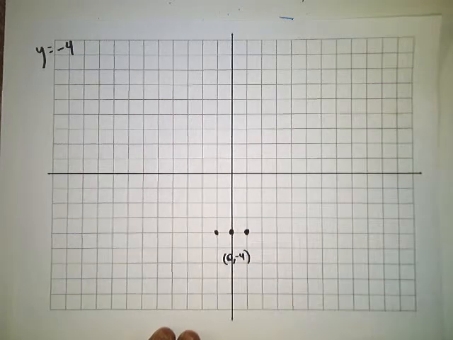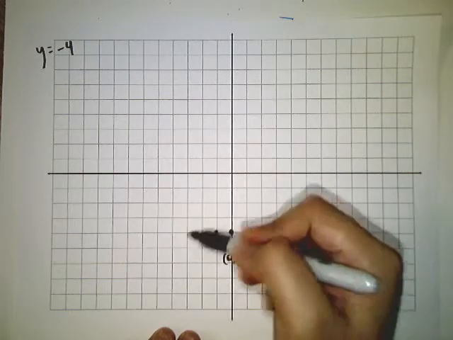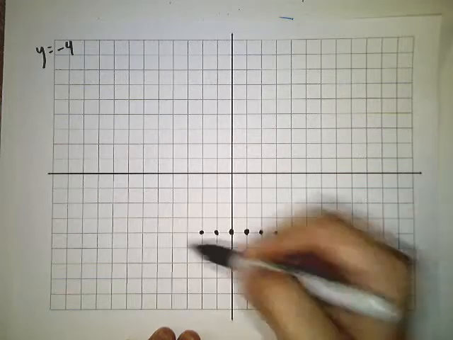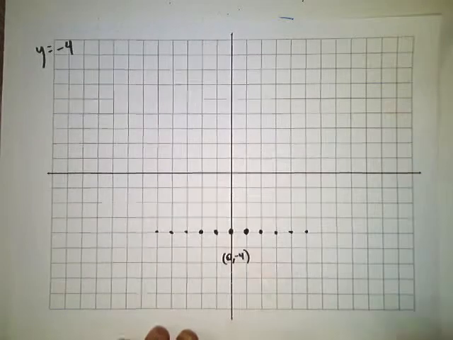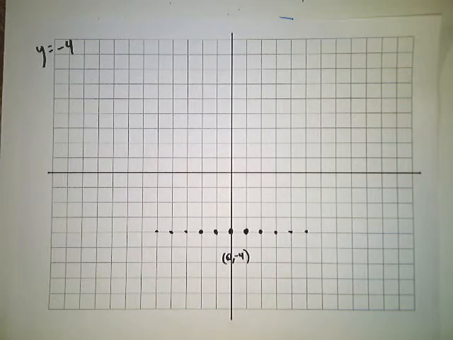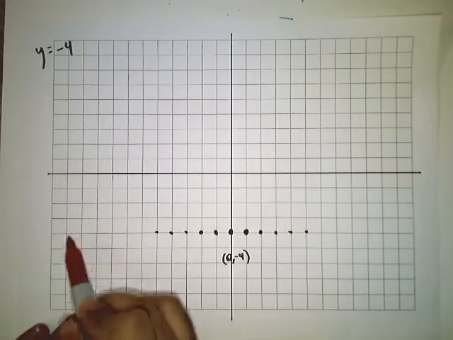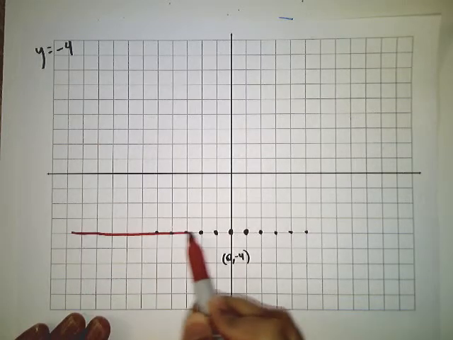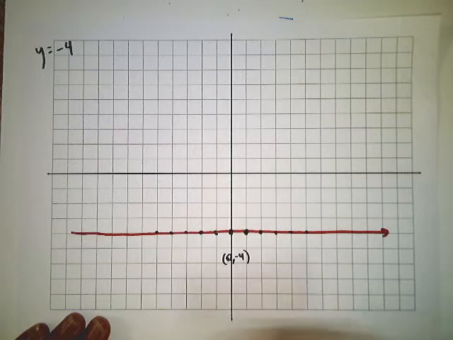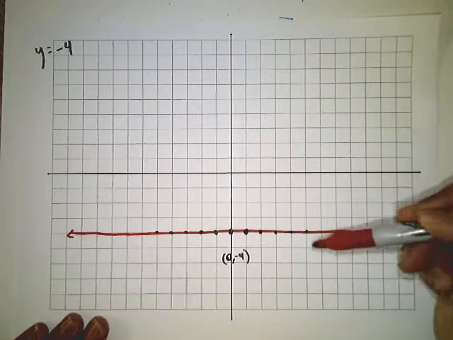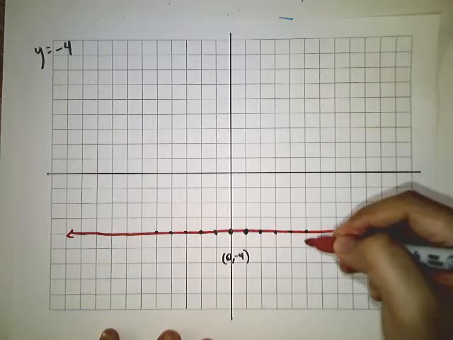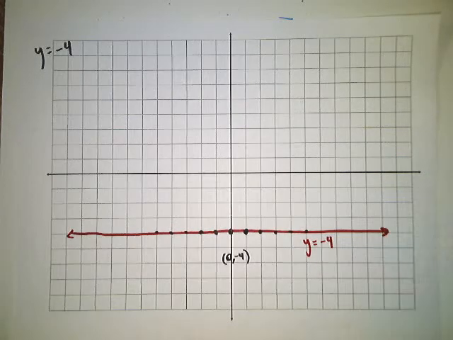So does this one, and this one, and so on. So hopefully what you can see right here is we actually have a horizontal line through all the points that have negative 4 as their y-coordinates. So this line right here is y equals negative 4.